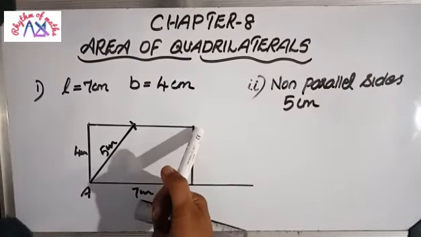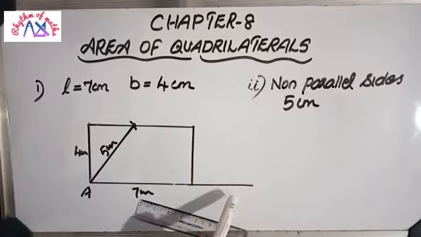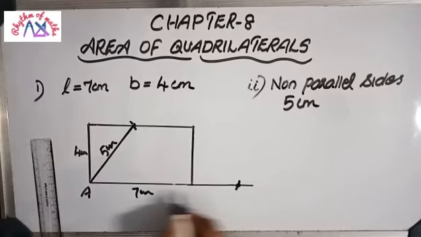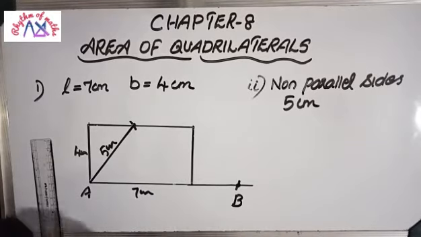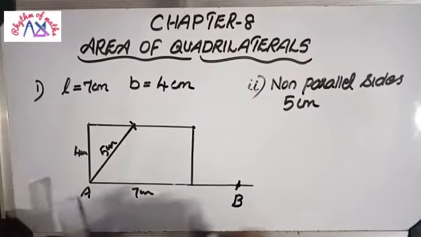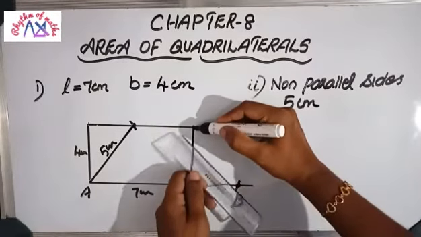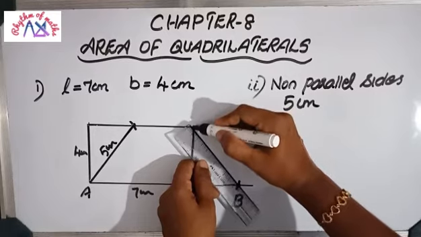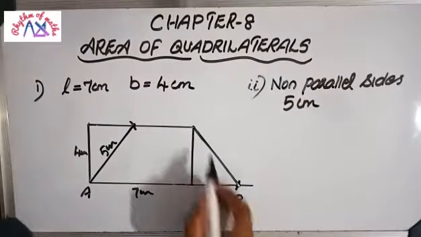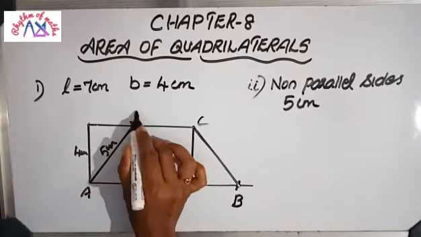Keep the pinpoint here and draw an arc here. Then you will get a point here. Let's mark this point as B. So from this point join to the point B. Towards down and towards up you have to draw 5 centimeter. Now let's join this side. Now AB, this is the C point and this is D point.